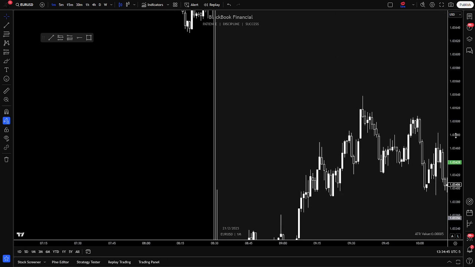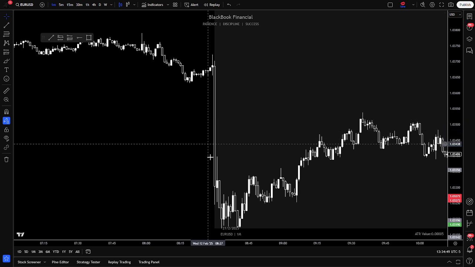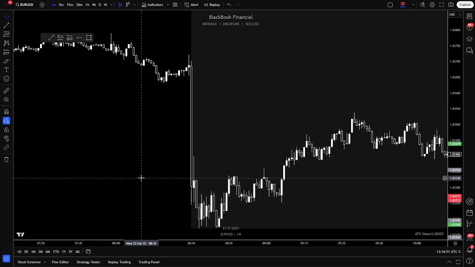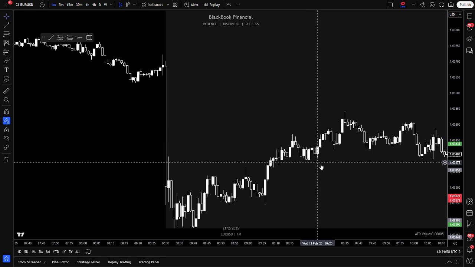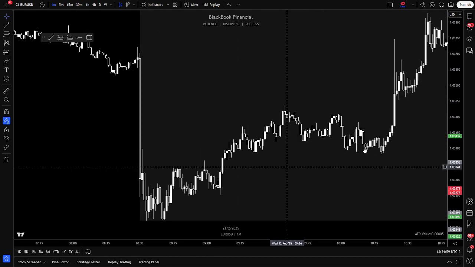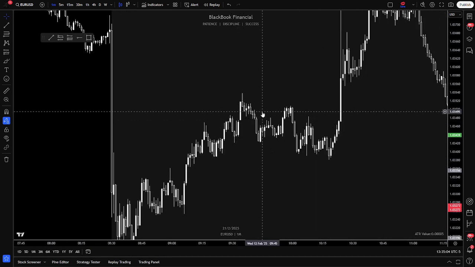Let's take a look at what happened today, or not today, this day. Huge dump here right in the morning, 8:30 news. Market consolidated a bit. The consolidation pulled up, kept pulling up, breaking this structure. And here we can see almost this consolidation, right?